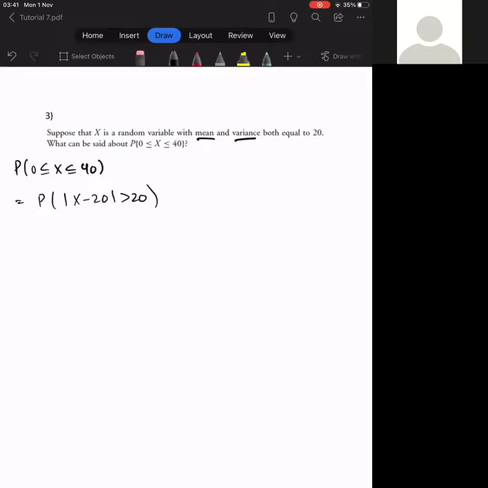And this is then upper bounded by, so we have variance equal to 20 and k equals 20, so 20 squared. So this is just less than or equal to 1 over 20.